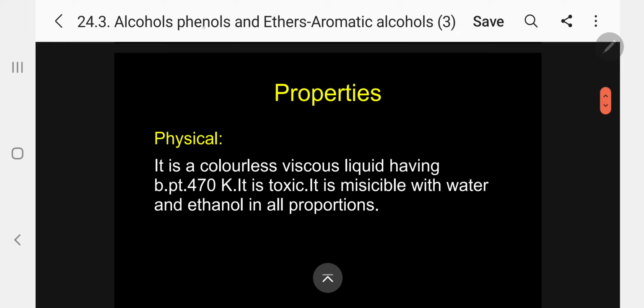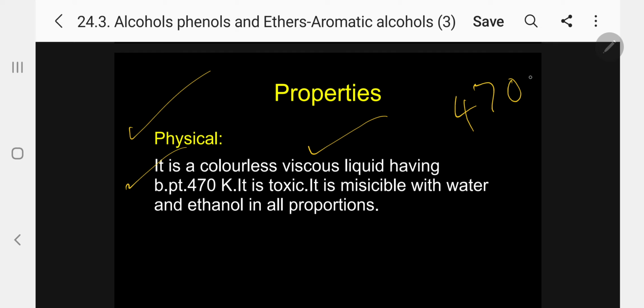Next, let me go for the properties. Under the properties, first let me concentrate on physical properties. It is a colorless viscous liquid having a boiling point of 470 Kelvin. Kindly follow.